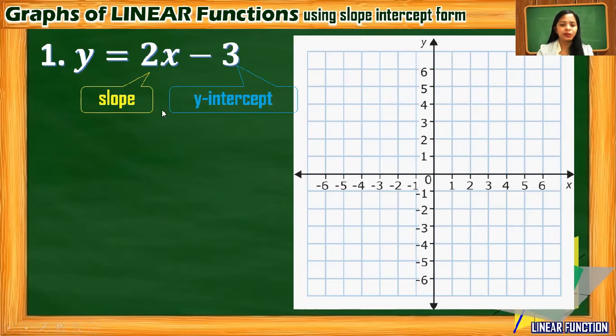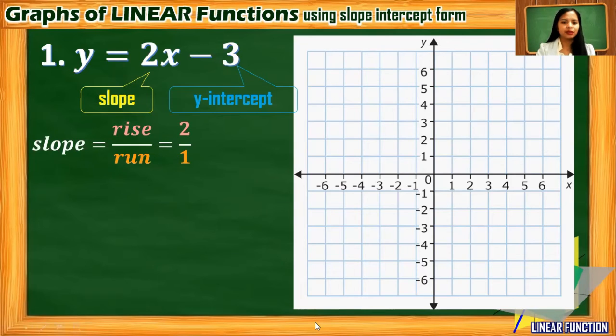Now, the slope here will identify our movement in the graph after plotting the first point. It is better to represent it as a fraction because the formula of slope is rise over run. Since our slope here is a whole number, we all know that whole numbers are understood to be over 1. Meaning, the numerator will identify our movement either upward or downward from the first point.